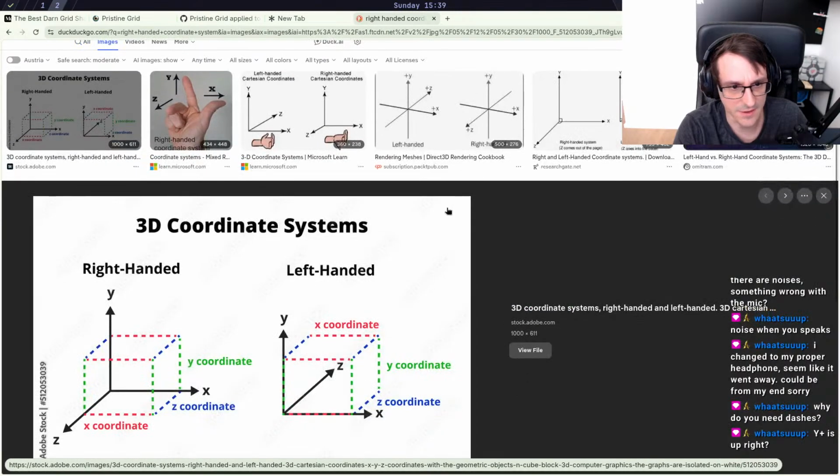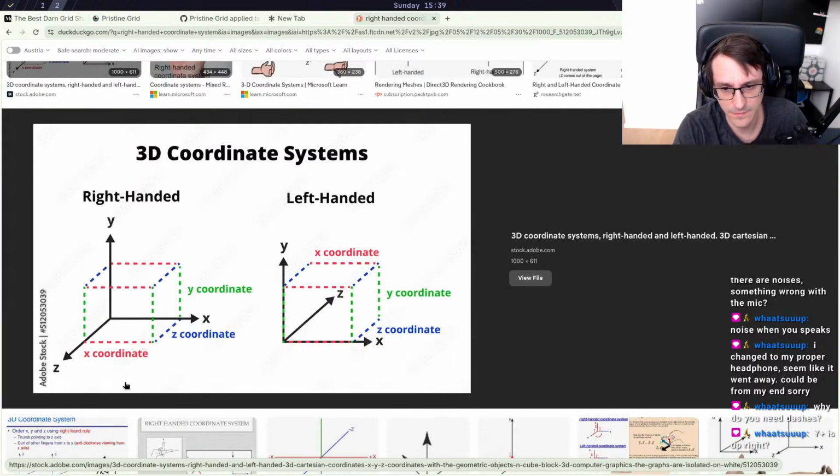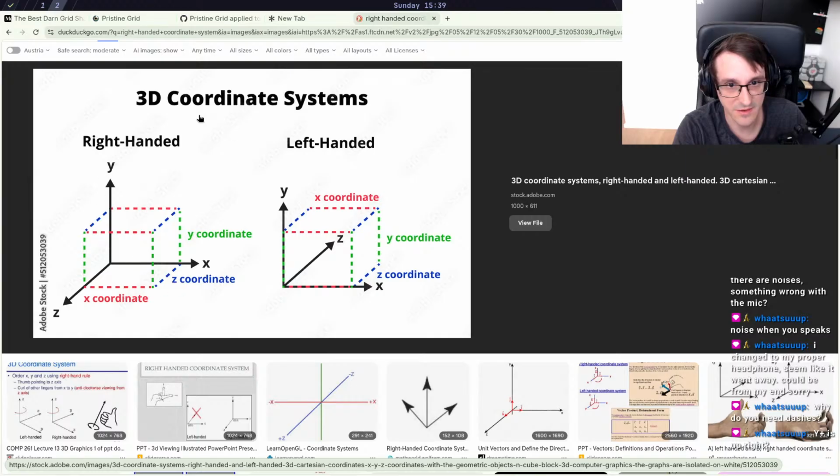Yeah, it's basically this, right? So the Z goes into the camera, Y goes up and X goes to the side. It's this one here. But I'm wondering, because that's very game specific. In math, usually this would be the Y coordinate and this would be the Z coordinate.